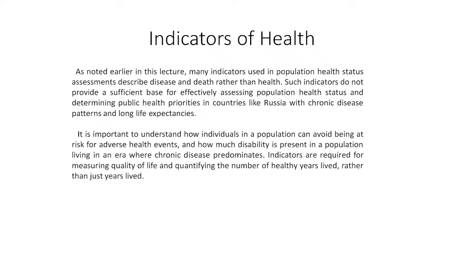Such indicators do not provide a sufficient base for effectively assessing population health status and determining public health priorities in countries like Russia with chronic disease patterns and long life expectancies.